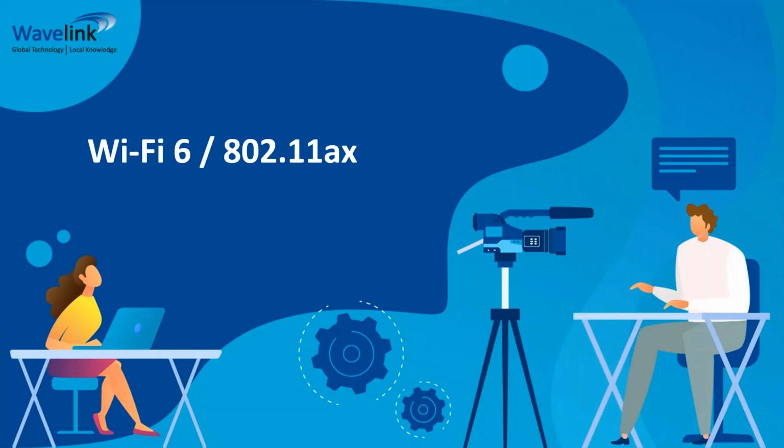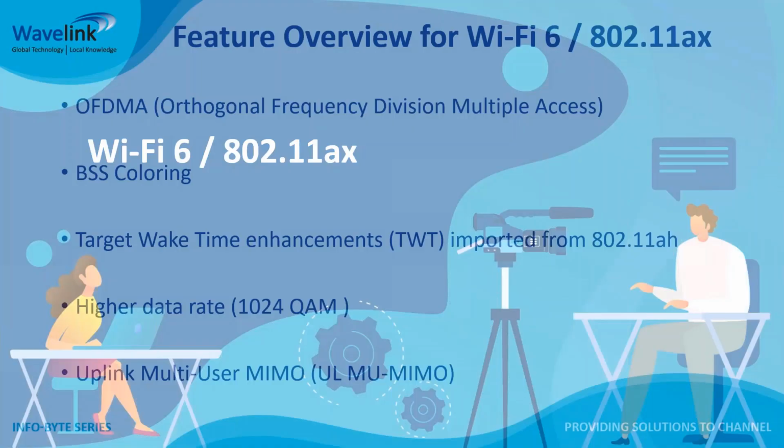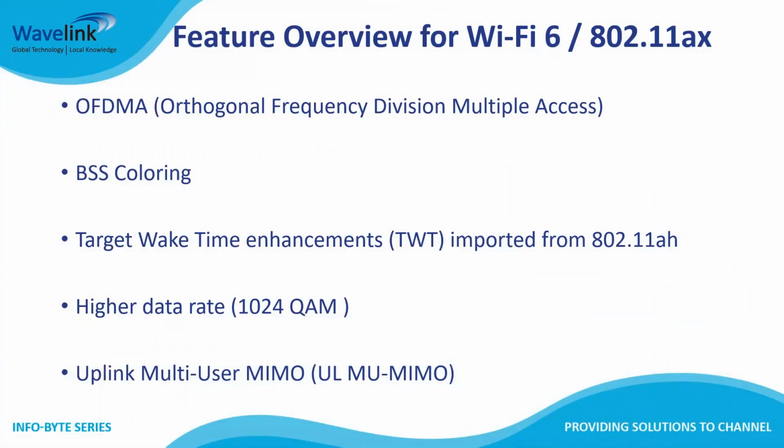All right, 802.11ax or Wi-Fi 6. So the future of Wi-Fi. What do we got coming? So some of the major or key points for Wi-Fi 6: OFDMA, orthogonal frequency division multiple access. It's a really good one to say 5 times in a row.